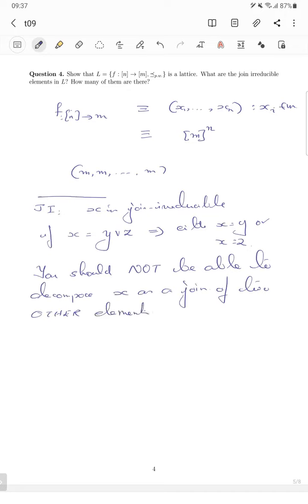This is very similar to a prime number, but again, the differences are there.